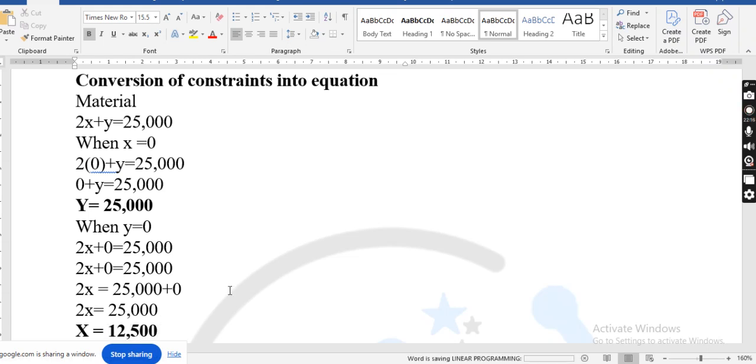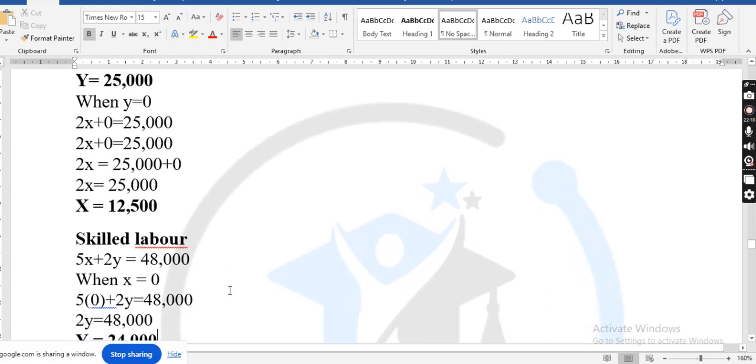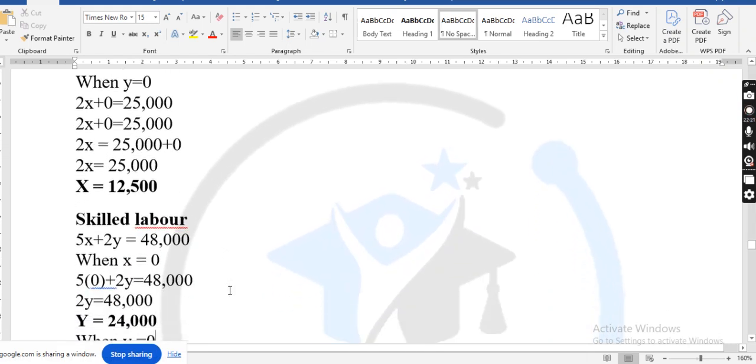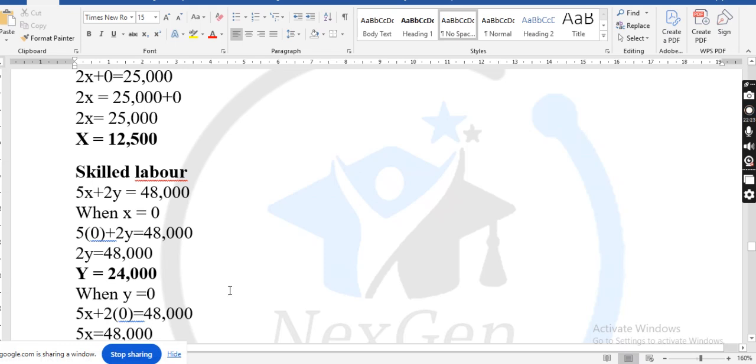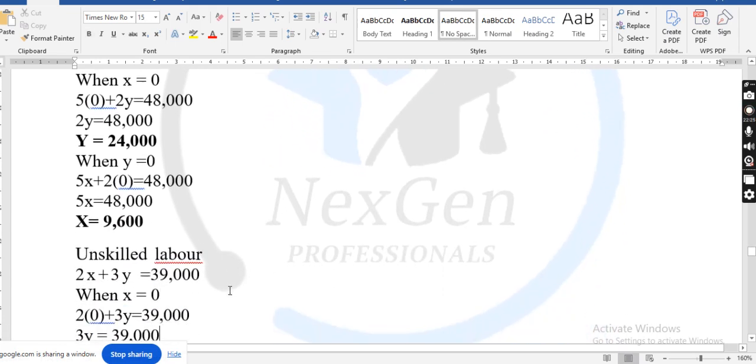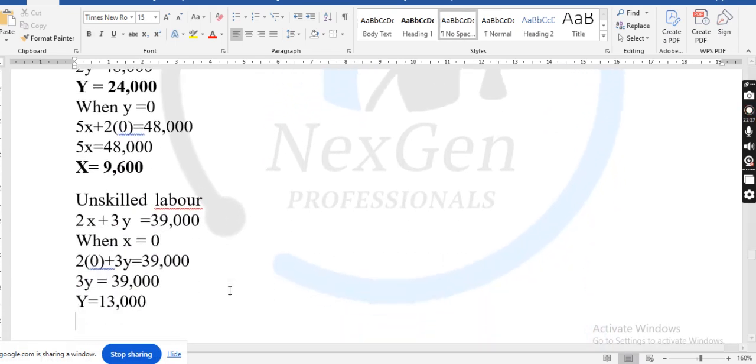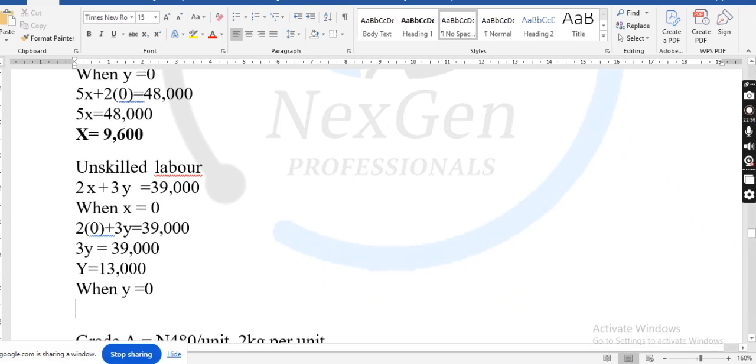Thank you for the observation. So when s is equal to 0, what is y? When y is equal to 0, what is x? So the same thing is applicable here. We are making use of this equation.